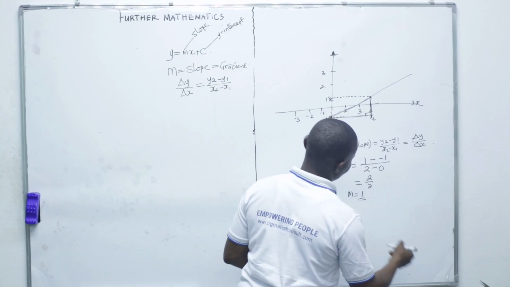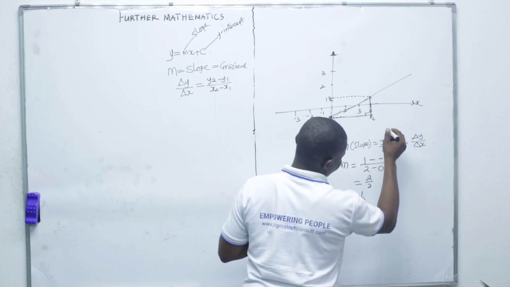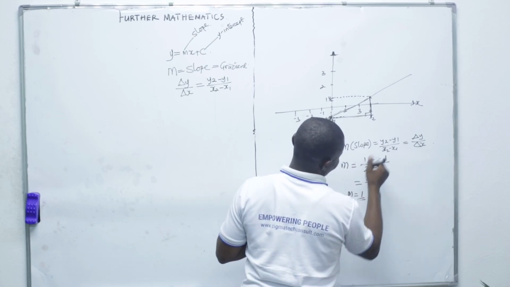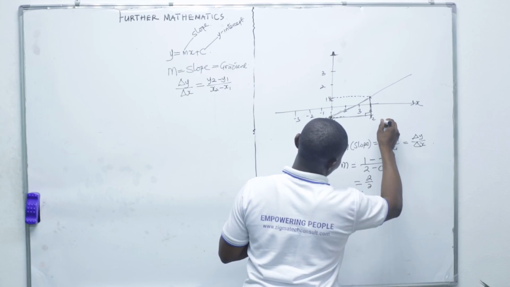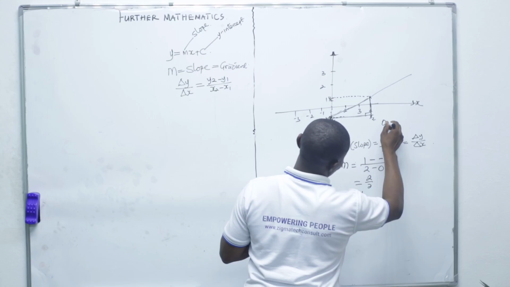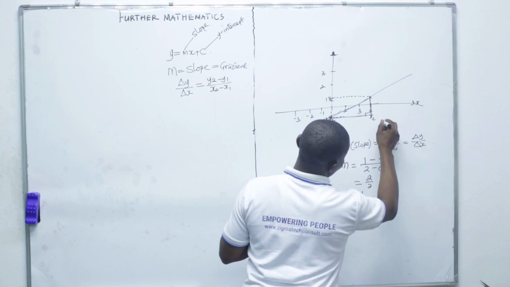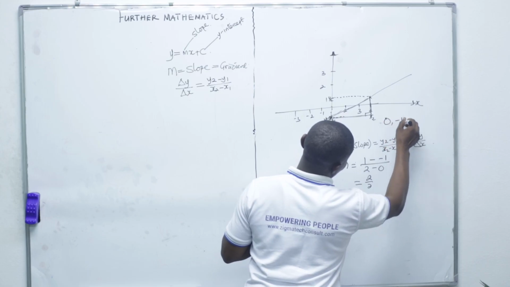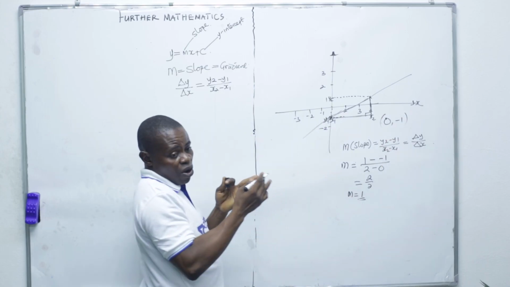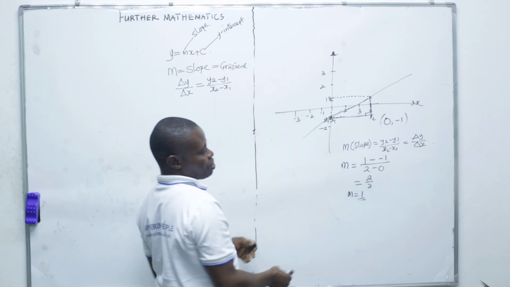Okay, let us look at this. You know, this is y1, x1. Y1 is minus 1, and our x1 is 0. I say 0, minus 1. I am getting my coordinate now. I am generating it from the graph.